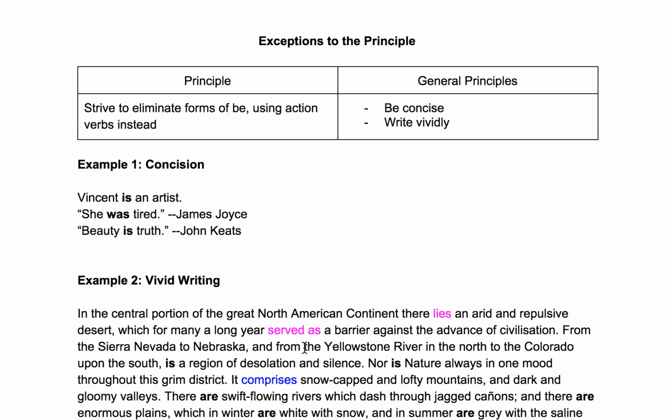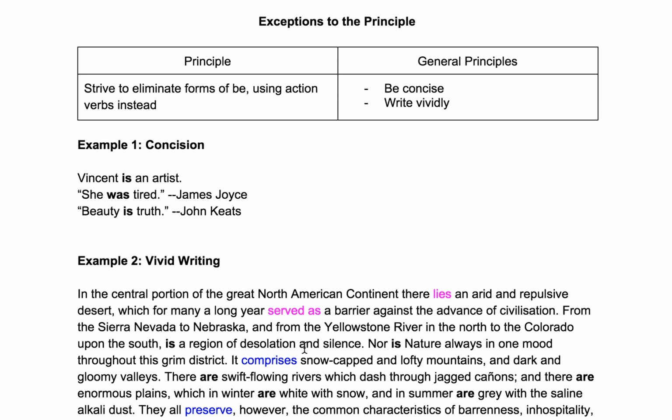Skilled writers use be all the time. The difference is that they use it in an appropriate way. So we have this principle of writing here, that we should strive to eliminate forms of be using action verbs instead. But good principles are minor illustrations of more important general principles. And the more important general principles of writing are be concise and write vividly.